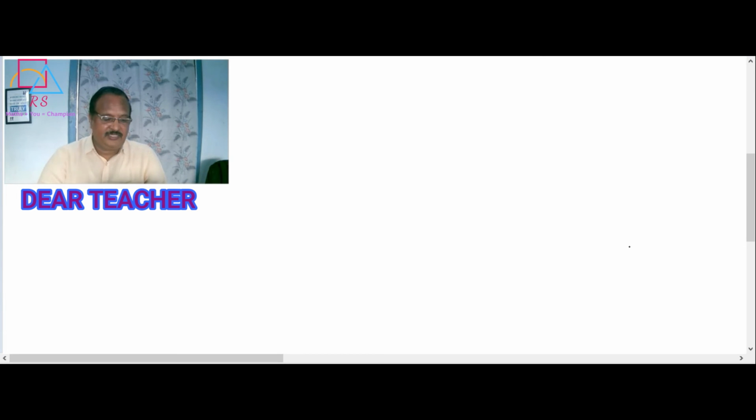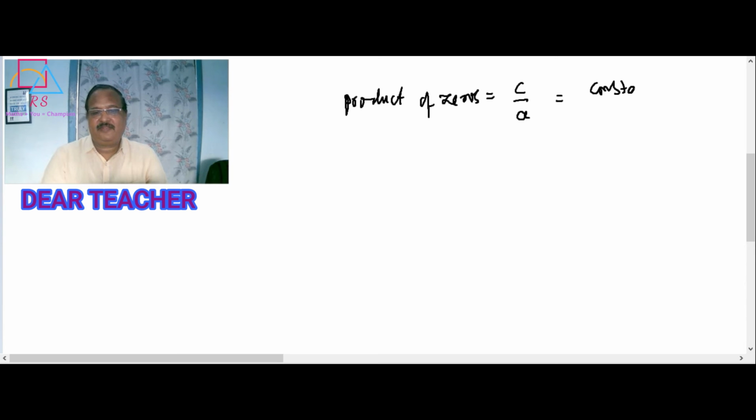There is another relation: sum and product. The product of zeros is equal to c by a. That means c, the constant, by the coefficient of x. If you bring alpha and beta into this, alpha into beta is equal to c by a.